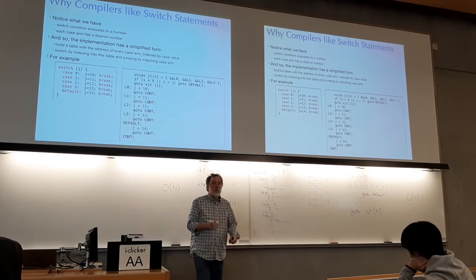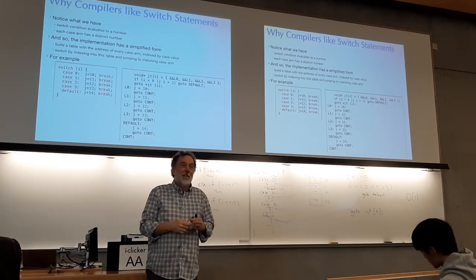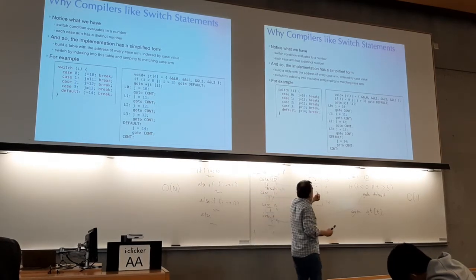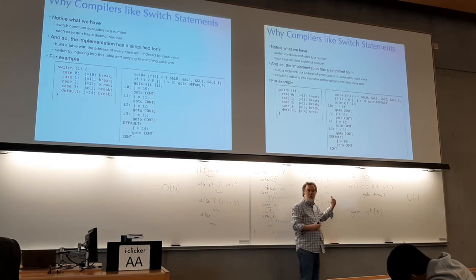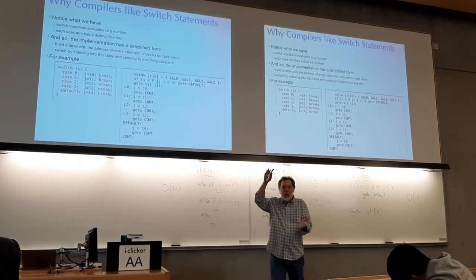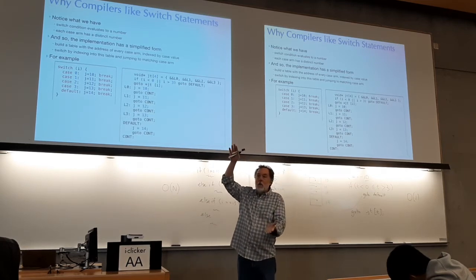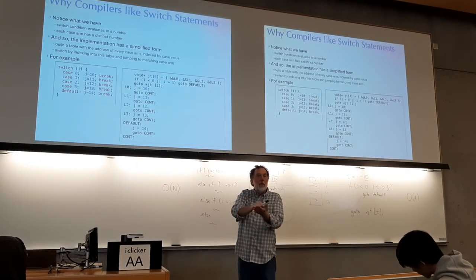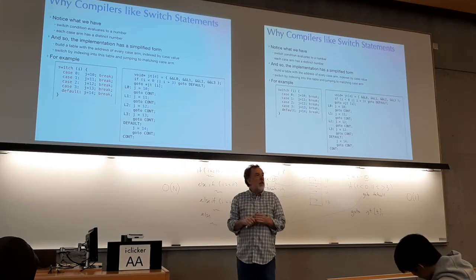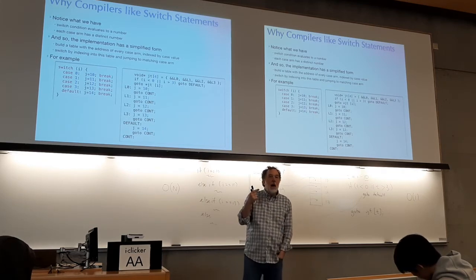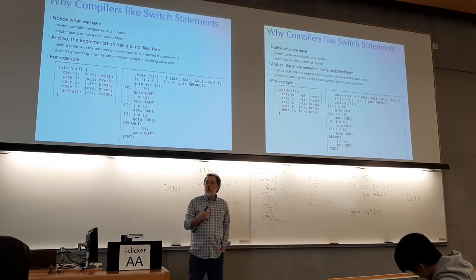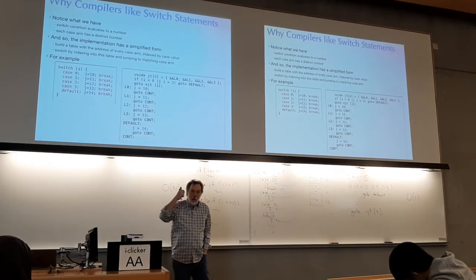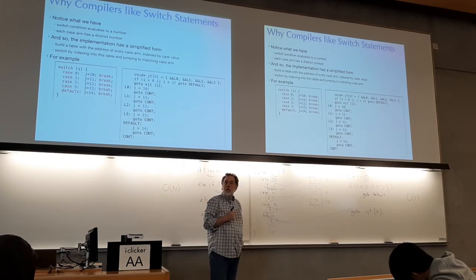What's better? O of 1. Right? So this is really cool, and it's using the idea of the index. The index now is going to pick from this big array which element of the array points to the code to execute. So I don't have to compare i to each of the possible values. It's almost a little bit like a hash map. Think about it. Just take that number and you go straight to the place you want.